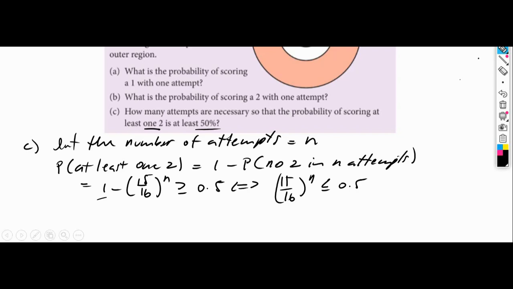Why? Well, because notice that we have logarithms for this. So notice that this is the same as saying n times the natural logarithm of 15/16 less than or equal to the natural logarithm of 0.5.